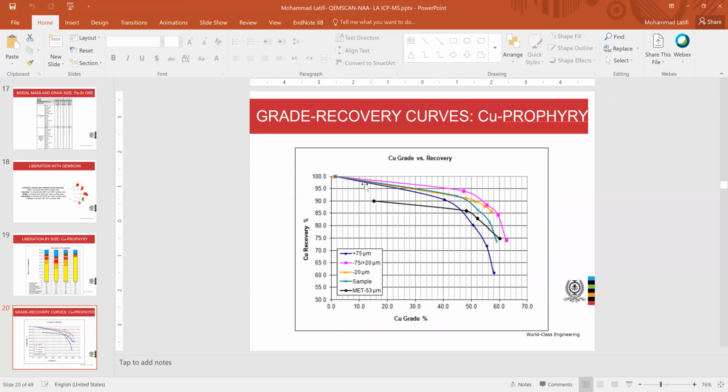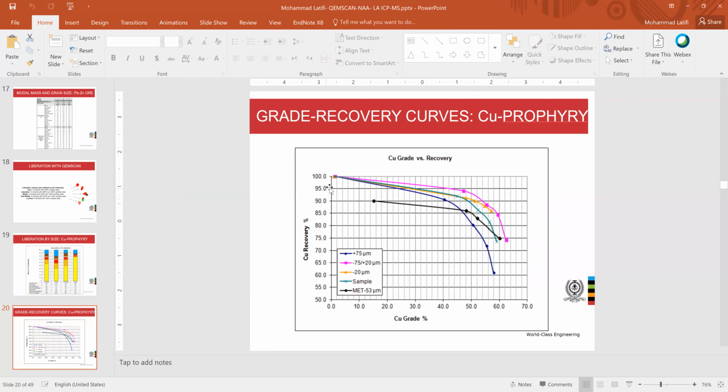You can see that theoretically we got results as we expect. In other words, if, for example, we want to have copper in our product stream with a purity of 30%, we can realize that we will have a recovery around 95%.